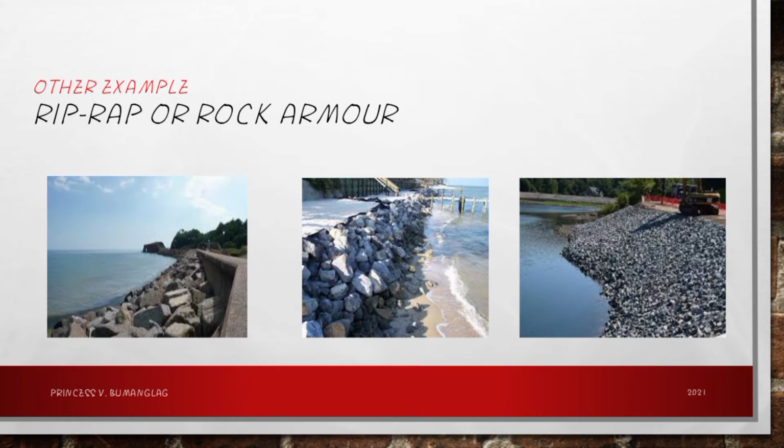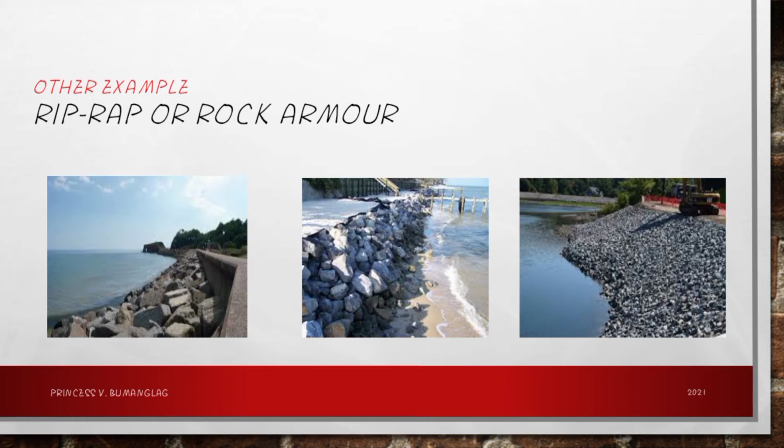Yung advantage nito, large boulders absorb wave energy, and nare-reduce na yung power ng energy. Okay? Long-lasting siya and effective. And it also allows the beach to build up by itself. Yung disadvantage nito, expensive siyang bilhin. Okay? And also to obtain and transport the rock around the beach is expensive and hard to do.